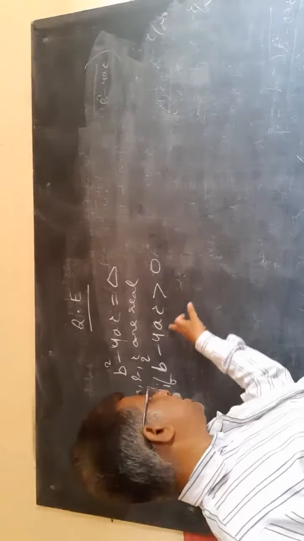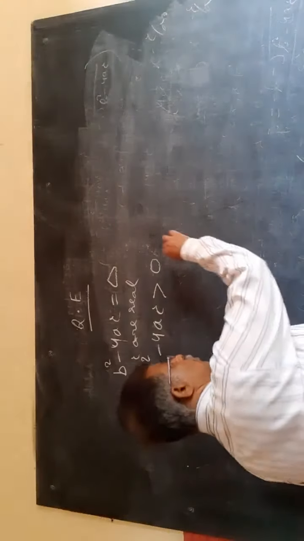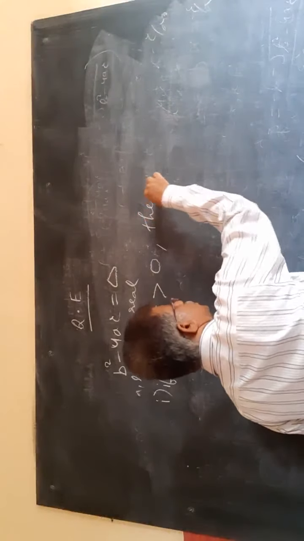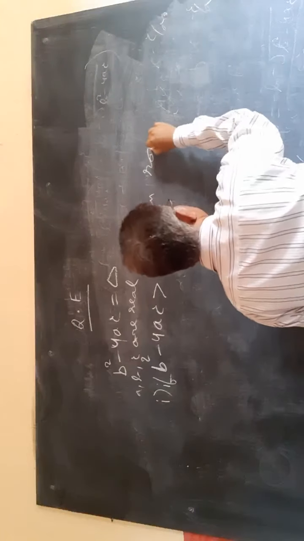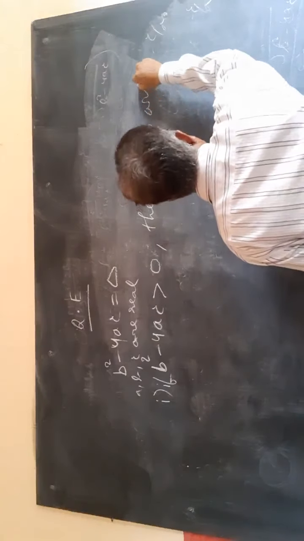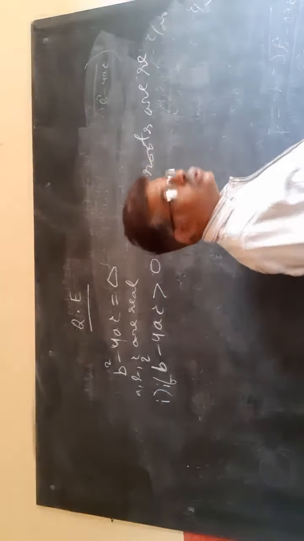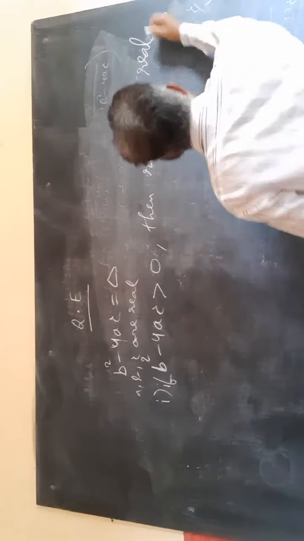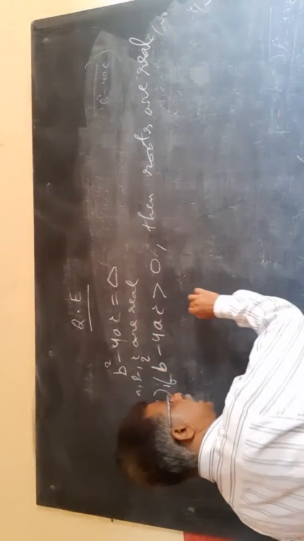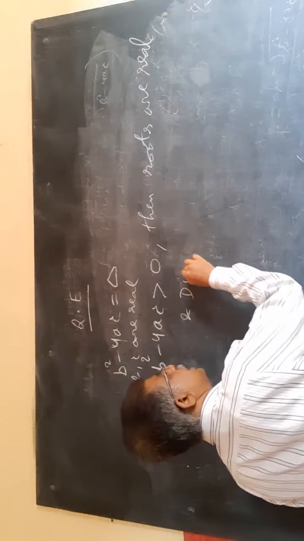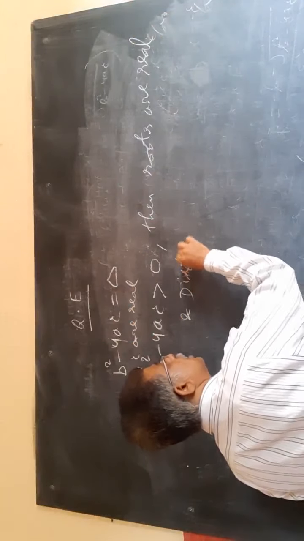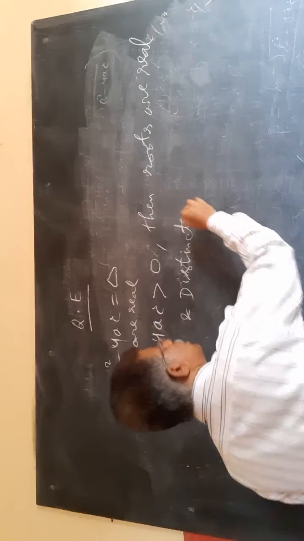So, if b square minus 4ac is greater than 0, then there are two different roots. Both are real because if it is greater than 0, you can find the root value. So it is always a real number. So the roots are real and distinct. Why?